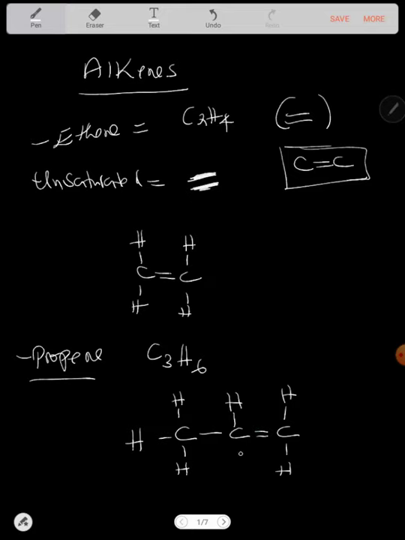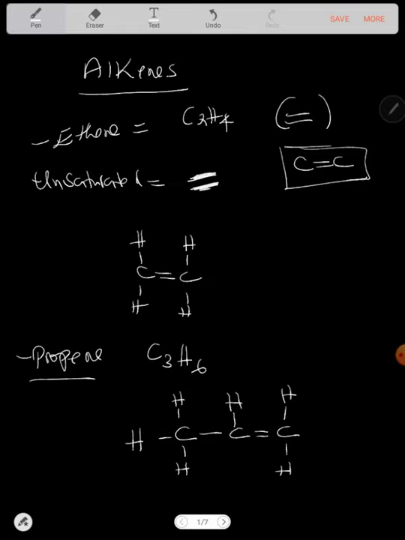So it cannot have another hydrogen attached here. It only has 4 and 4. You understand? And how come we didn't put the hydrogen here? Even this one has 1, 2, 3, 4. So this is 2, 2 plus 4, which is 8. So you can only put it on this one so that it can also have 8. 2, 2, 2, 2, which is 8.